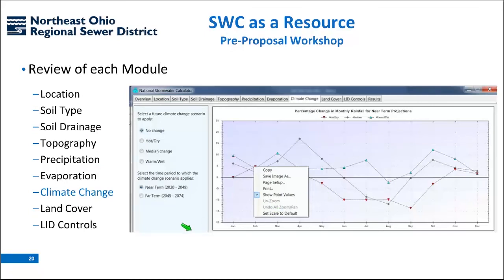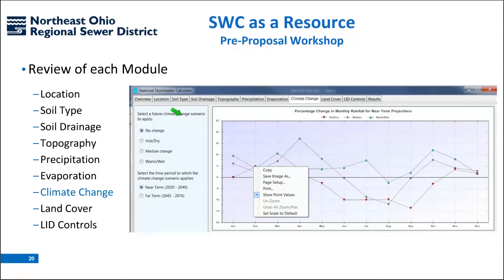And then we review also each of the modules, and the modules are the tabs at the top of the screenshot here that I'm pointing at. And here's a list of them here as well on the left side. But we review each one of those modules so they understand what those mean and what type of information is looked at. But more importantly, certain modules we don't really have a lot of interest in at this point for an application stage.